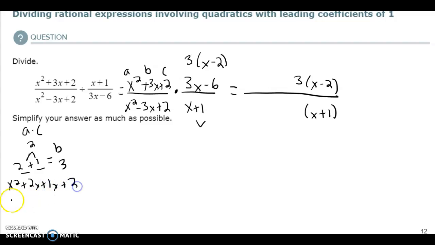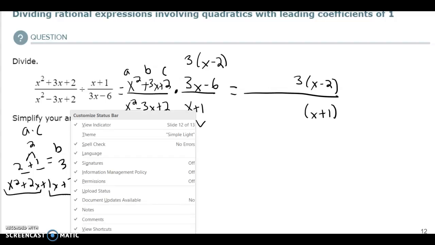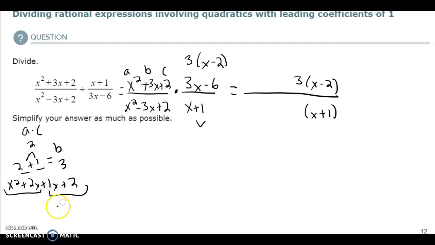So now this becomes a 4-term polynomial where I can do my factor by grouping. Hopefully we're all becoming pretty comfortable with factoring by grouping by now. The largest thing these have in common is a 1. These have a 2x. Oh, we made a mistake there.